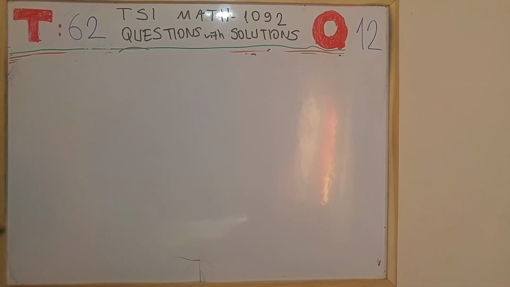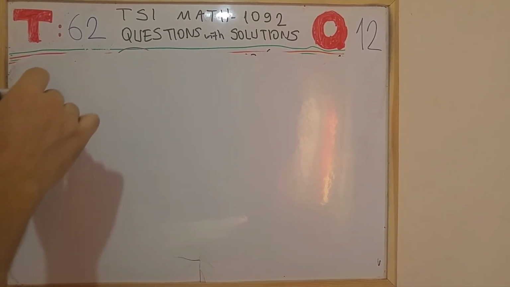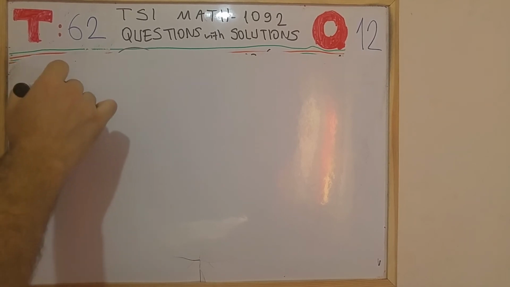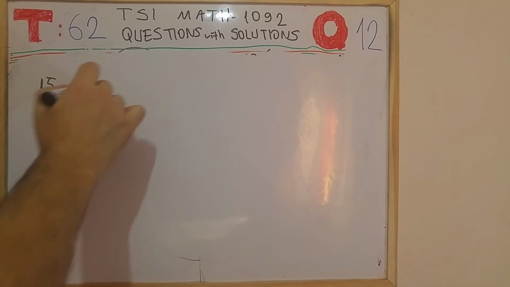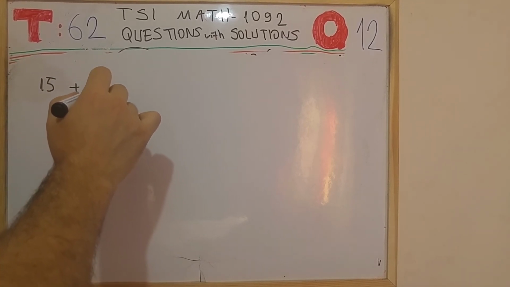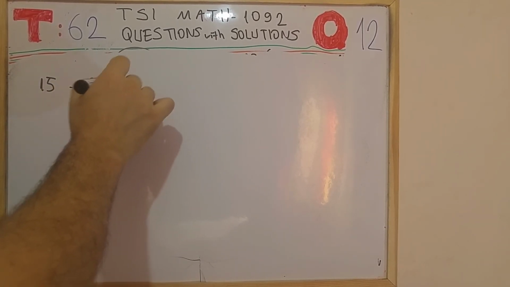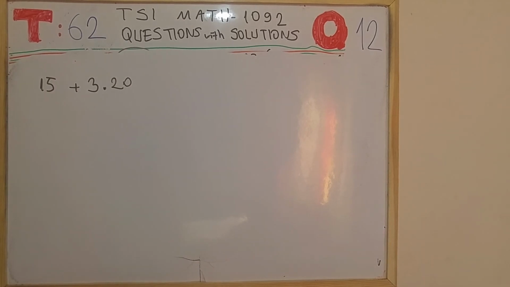I'm going to buy a math book which costs $15, plus I'm going to buy 3 physics books, and each physics book costs $20, and they give me a discount of 60%.